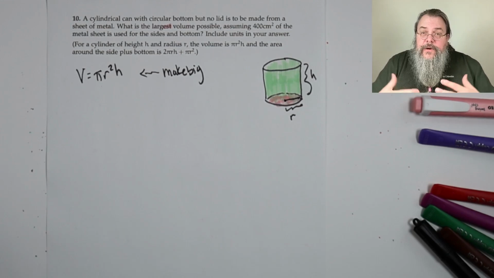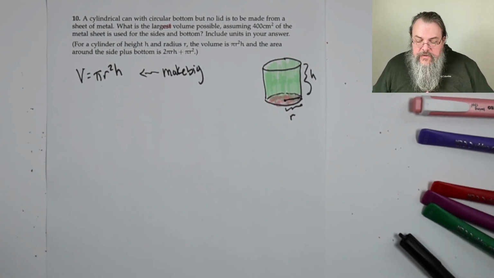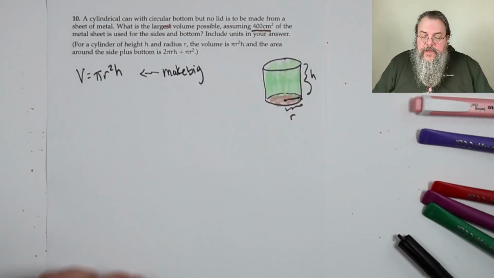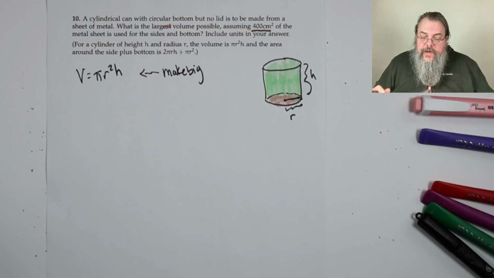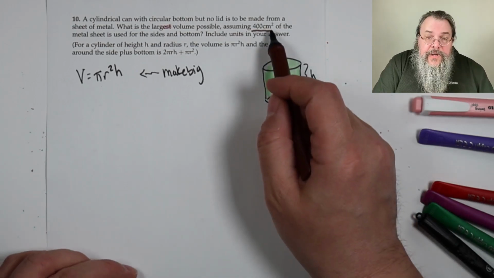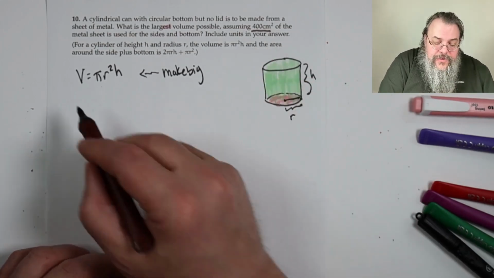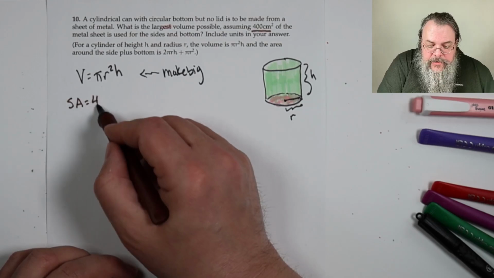And so these are the constraints, if you will. You say, well, what are our constraints? Well, see how it says there's 400 centimeters squared available for the sides and bottom. And the centimeters squared, that's an area condition. So it's like, oh, so what we get is that the surface area is 400.